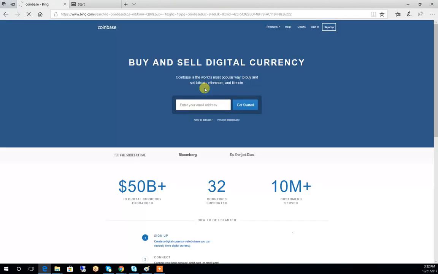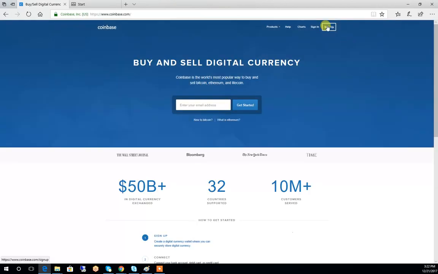When we go to Coinbase, we can see that you can sign up for an account. Once you sign up for an account, there are a lot of different methods you're going to use in order to validate yourself. And then you're going to set up a digital wallet. I'm going to show you some videos a little later on how to do those things as well. But once you get signed in, a few things are going to be really important for you.